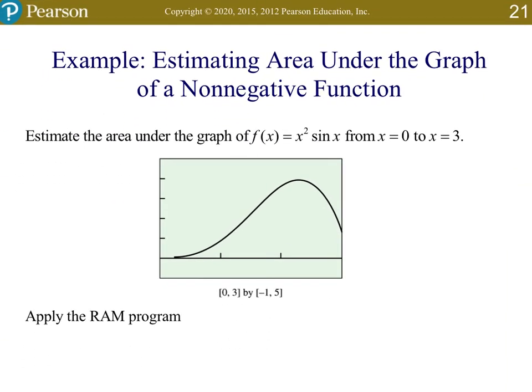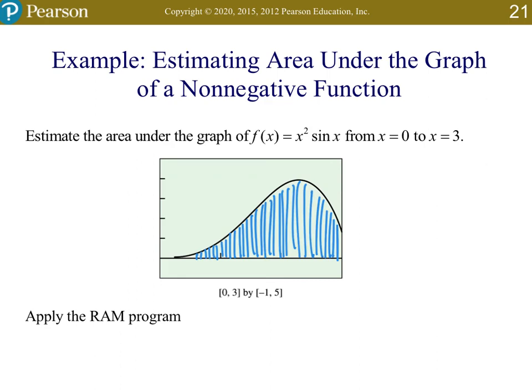So we can also run a RAM program to find the area under trig or logarithms or exponentials or any other kinds of graphs. And so we can run the RAM program here to find a bunch of rectangles all bounded underneath this trigonometric graph. So you would run the same thing, specifying how many rectangles you want.